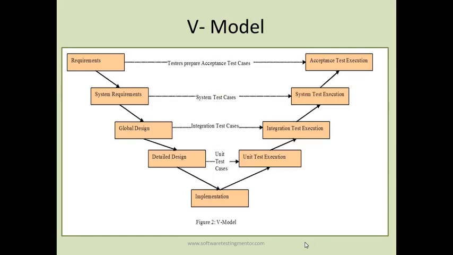If there is an issue with the system requirements or with the design, testers review all those documents and provide feedback then and there, which avoids a lot of rework and gives a lot of savings for the development. But in the waterfall model, there was no feedback being provided to the previous phases, and because of that, if there was any design flaw or requirement issue, it took a lot of time and money to fix that.